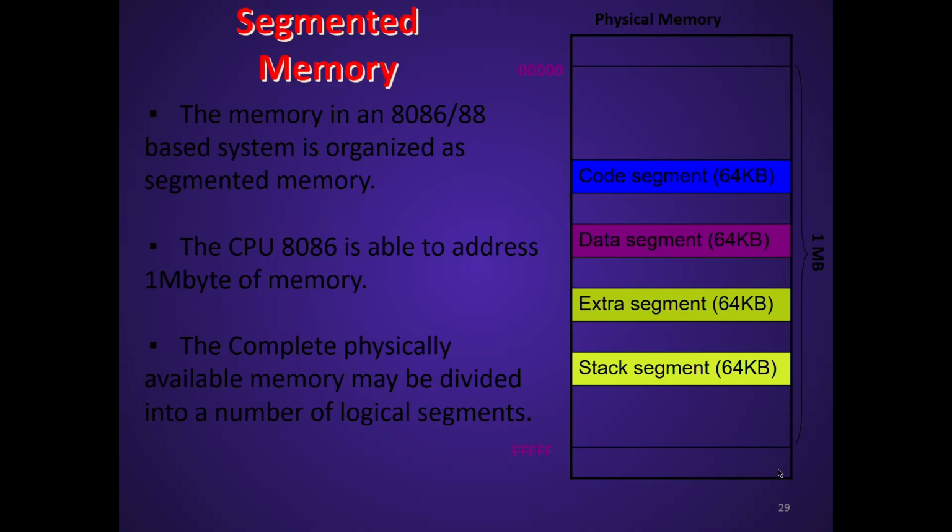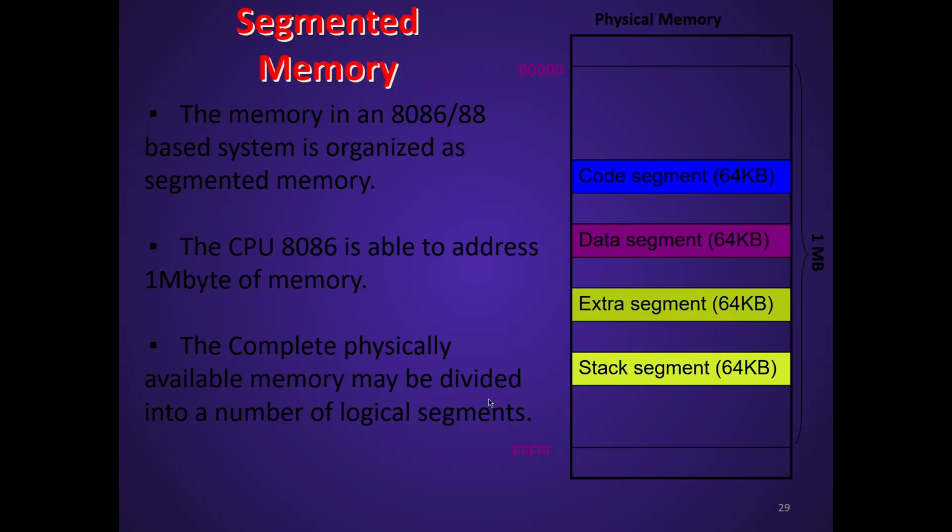The complete physical memory of 1 MB is divided into these 4 segments of 64 KB. So whenever a 2-mark question is asked to explain the segmentation memory of the 8086 microprocessor, you have to include that all segments are included in the physical memory, which is divided into these 4 segments of 64 KB, and the physical memory is equal to 1 megabyte in the 8086 CPU.